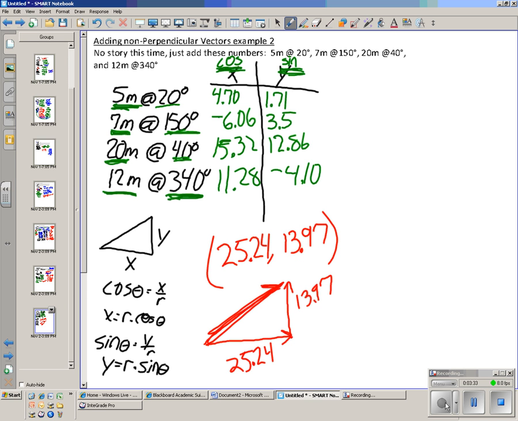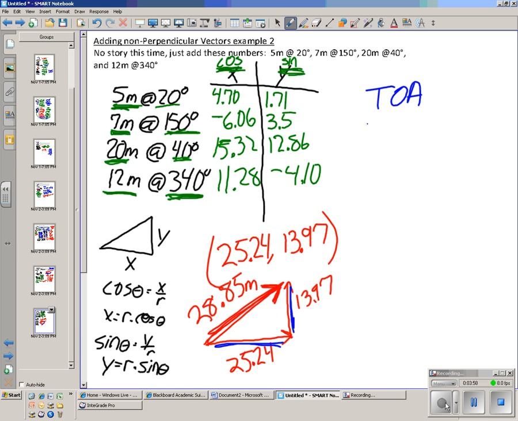I know I can use the Pythagorean theorem, and don't even have to show that anymore, I don't think. That's 28.85 meters. I still do have to get the angle. And I'd be using the y and the x, and that sounds like the TOA part of SOHCAHTOA.